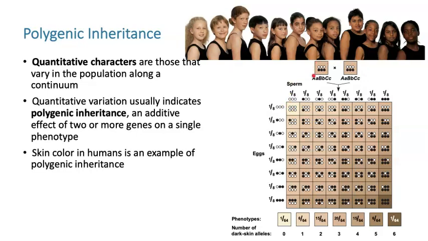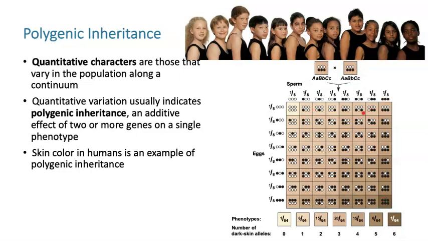So if both parents are heterozygous at each gene, they have a 1 in 64 chance, and you can see that down here, by the way, of having a very, very pale child. On the other hand, those same parents have a 1 in 64 chance of having a very dark child.